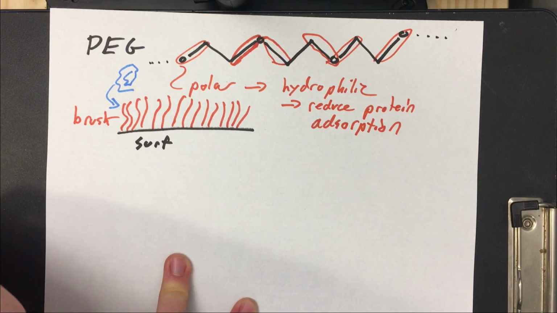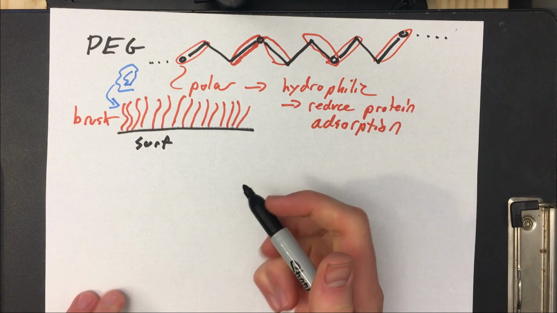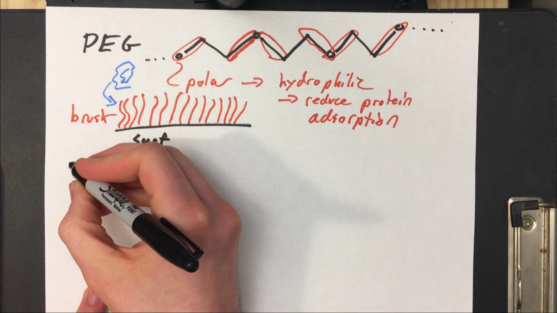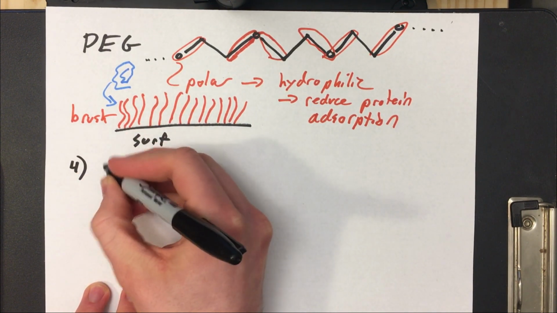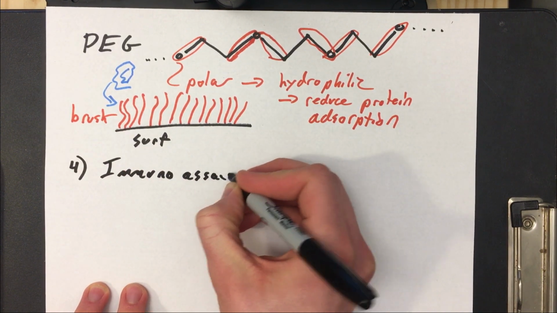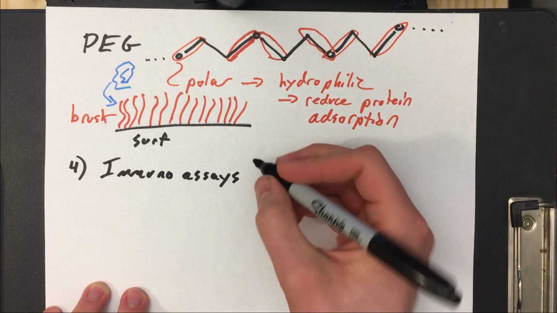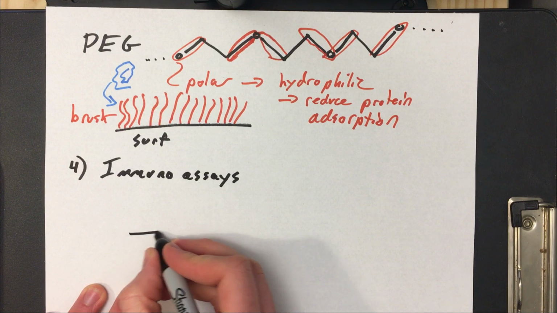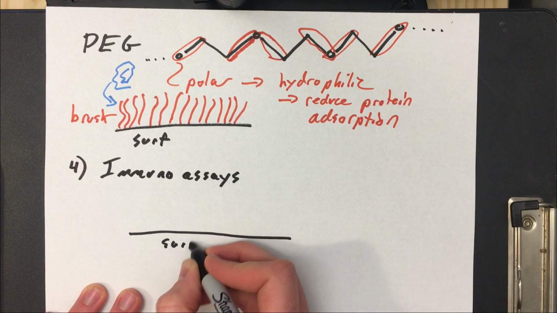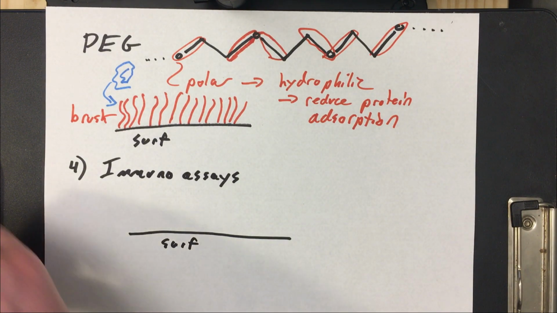So what's another example of an application where we'd want to graft a molecule to a surface? So let's talk about immunoassays. And the word immuno basically means, hey, there might be something related to immune systems. So what is an immunoassay? You basically have some surface, and you attach to that surface antibodies.